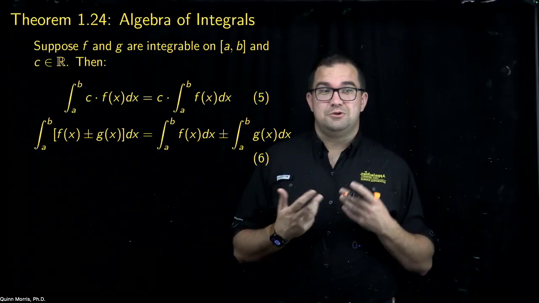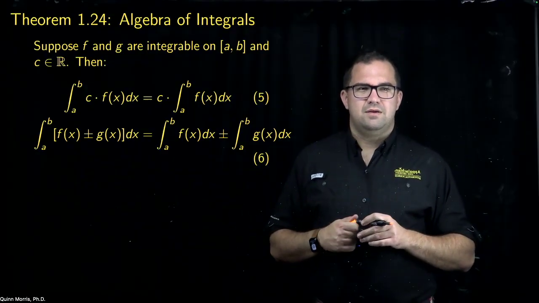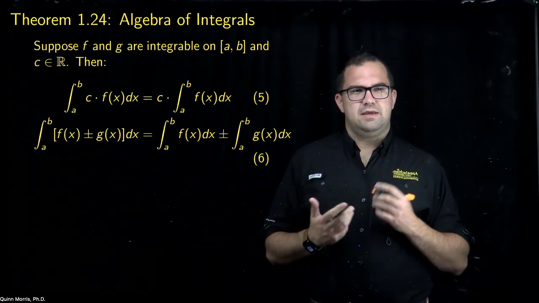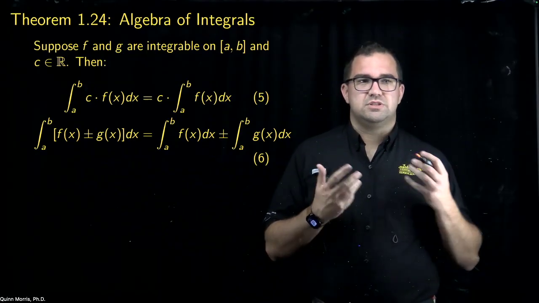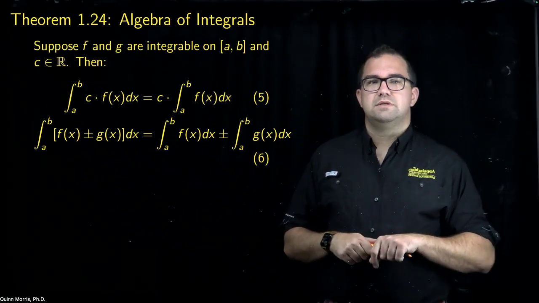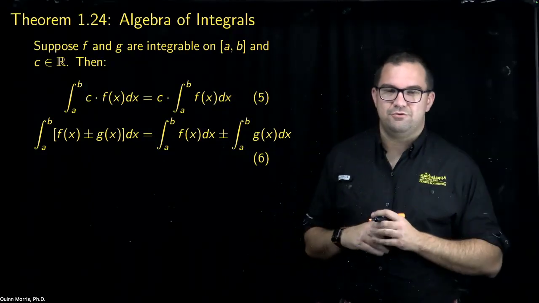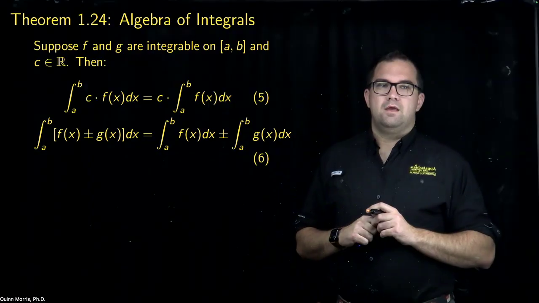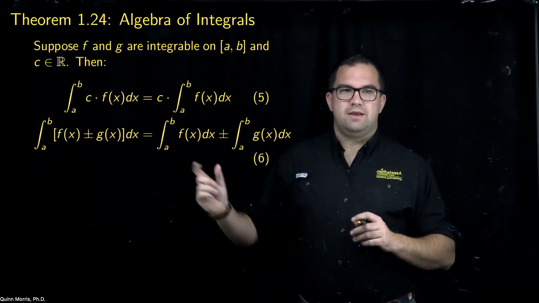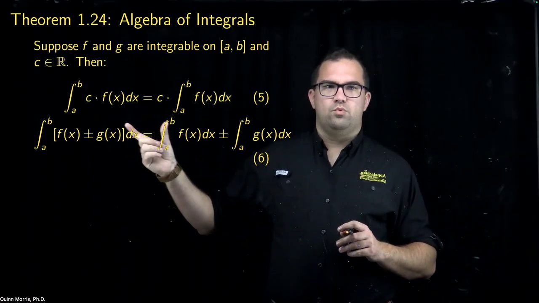Again, if this means anything to you, that says something about integration being like a linear operation on some set of functions. So again, there's a little linear algebra tie-in if you've seen that before. But let me just point out why this works.